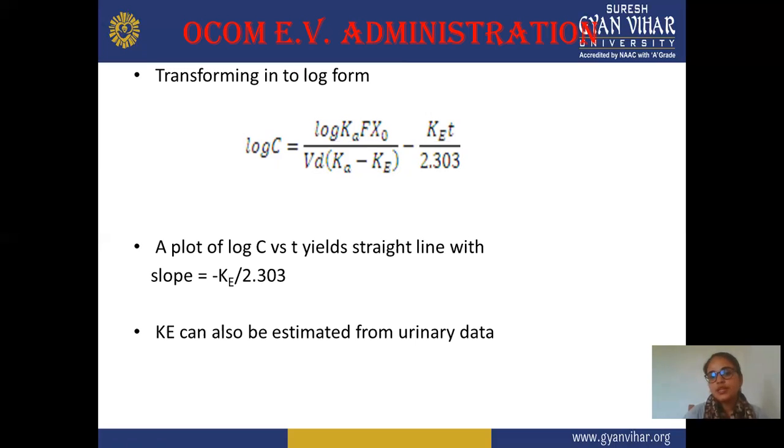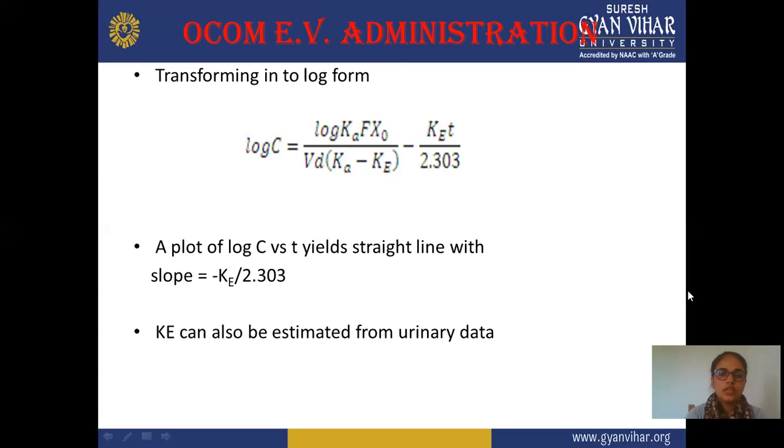We write 2.303 because we are converting to log form, and t is the elimination time. A plot of log C versus t is a straight line with slope -Ke / 2.303.